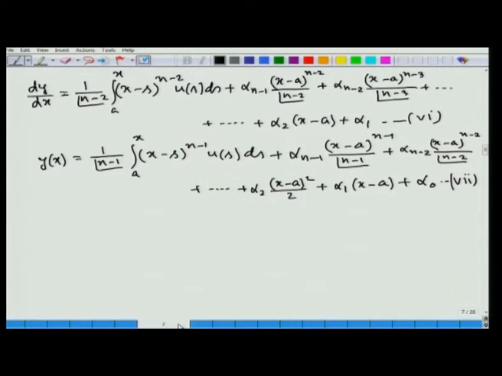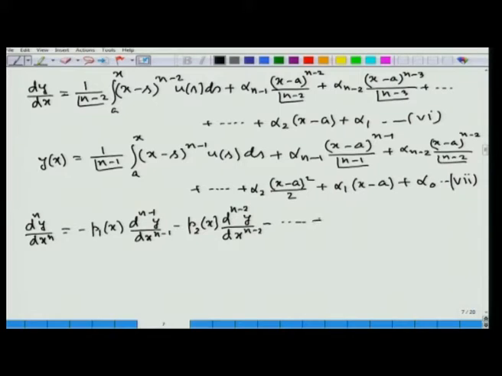That means we are rewriting the equation in this form: d n y by dx n is equal to minus p1 x d n minus 1 y by dx n minus 1, minus p2 x d n minus 2 y by dx n minus 2, minus dot dot, ultimately p n minus 1 x dy dx, minus p n x y plus q x.